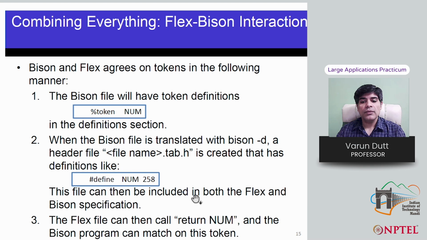This is the file that can be included in both the Flex and the Bison specification, and this Flex file can then return NUM, and the Bison program can match on this token. So this is the idea of how the Flex and Bison files can communicate with each other.